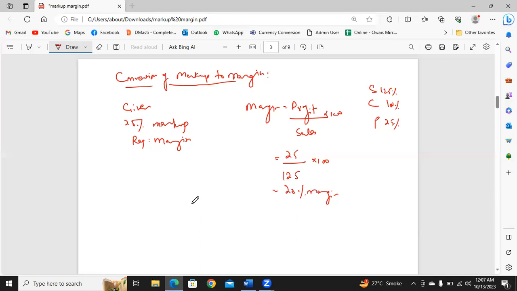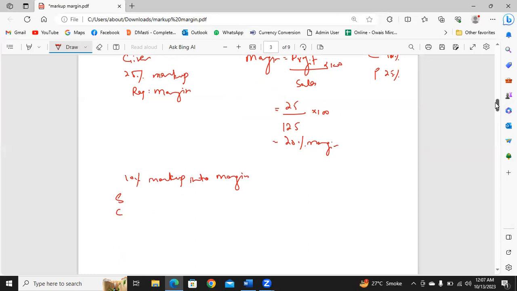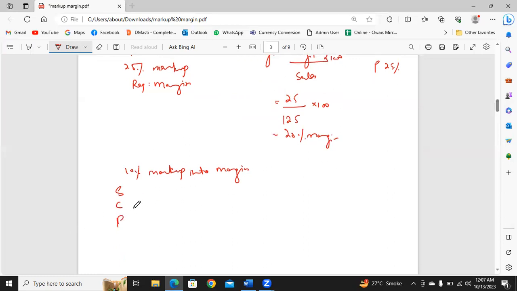For example, we have to convert a 10% markup into margin. In markup, 100% is cost, profit is 10%, so price is 110%.